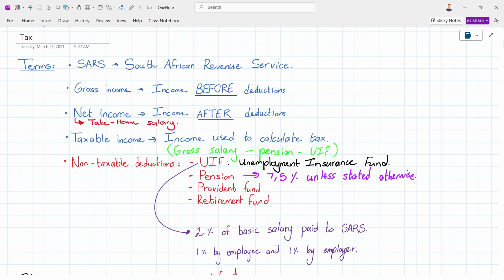Okay. That is 2% of your basic salary that gets paid to SARS, 1% by the employee and 1% by the employer. So you are only responsible to pay 1%.